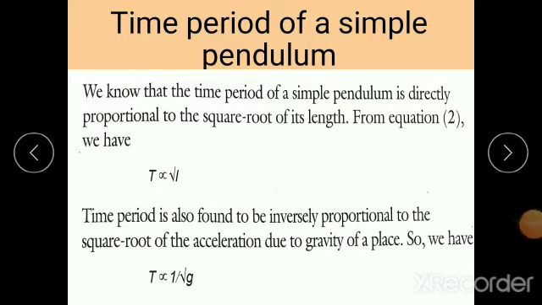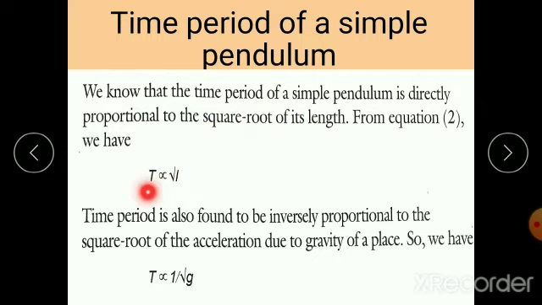Next, we will see the time period of a simple pendulum. So what is the time period of a simple pendulum? It is the time taken by it to complete one oscillation, right? We know that the time period of a simple pendulum is directly proportional to the square root of its length.